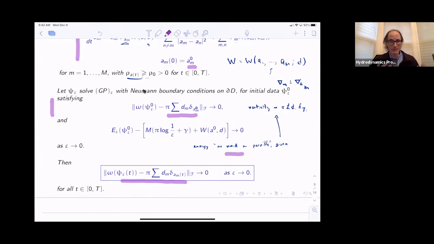This really forces this psi epsilon 0 to be essentially a small perturbation, in some sense a vanishing perturbation, of this psi epsilon star we construct explicitly, the energetically optimal wave function with vortices at the given location. So this is a strong assumption.